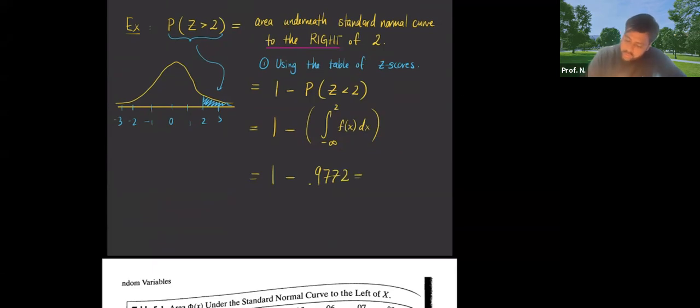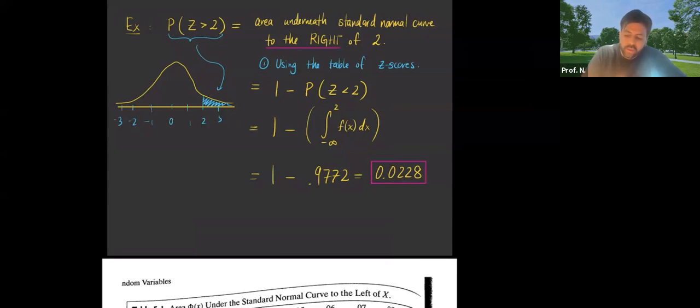And when you subtract 1 minus 0.9772, you get 0.0228. So this would be the probability that my z value will be bigger than 2. And I use the fact that the area to the left of 2 was 0.9772 by using the table and subtracting it from 1. And I get that.